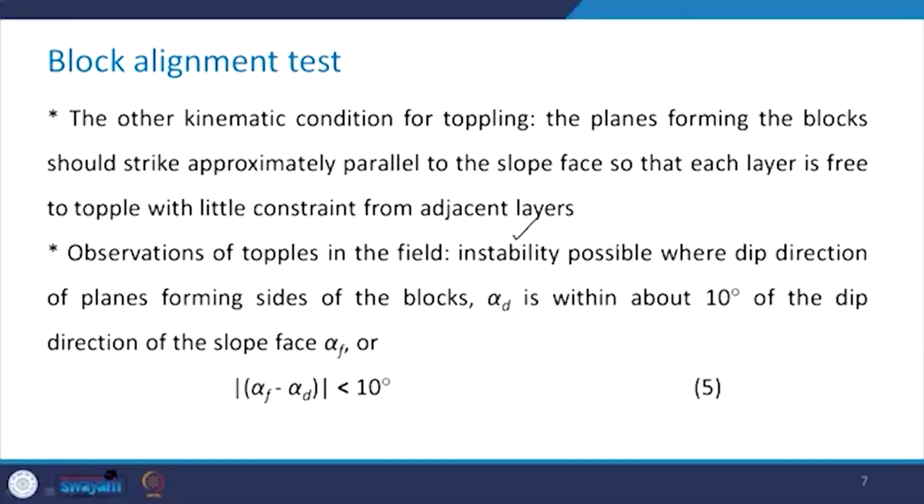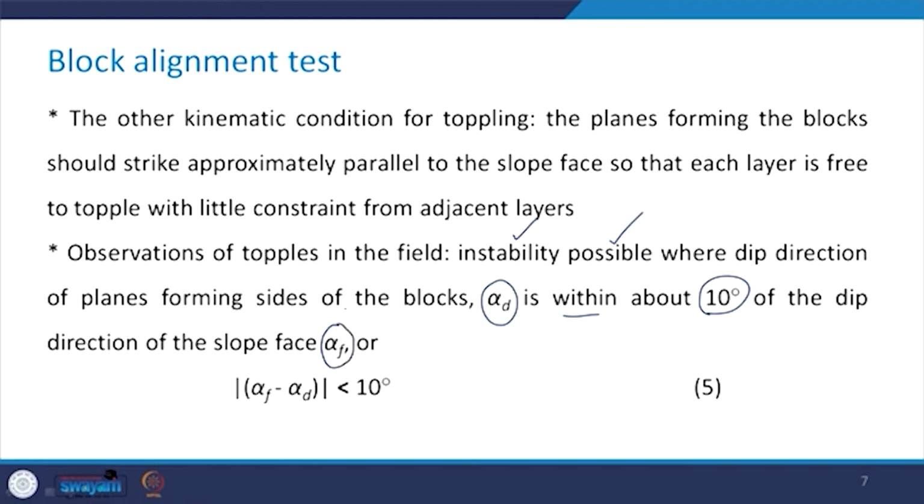Observations of topples in the field are used to identify whether the instability is possible or not, and this instability will be possible when the dip direction of the planes forming the sides of the blocks, represented by alpha d, is within about 10 degrees of the dip direction of the slope face, which is given by alpha f.